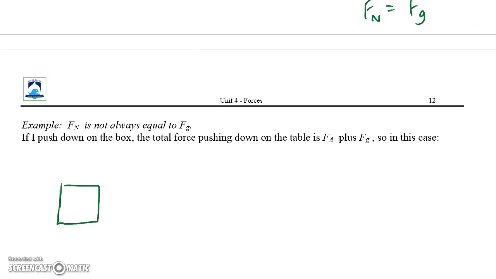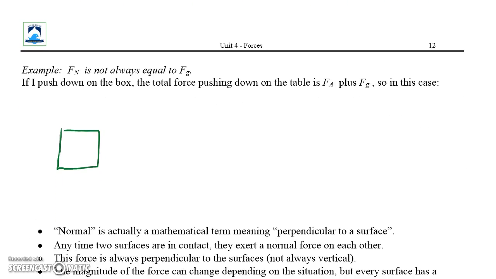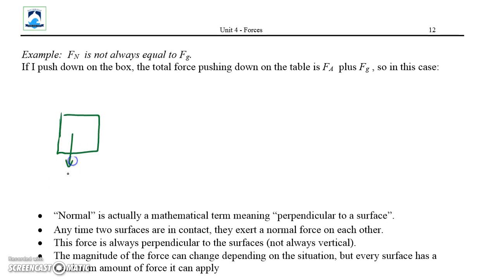And here's an example. If I push down on the exact same box, our free body diagram now includes the force of gravity, my force applied going down, and then the normal force has to get stronger because the box isn't going through the table, it's still there. So the F net is still 0 newtons, and it just changes because now we've got 3 forces instead of 2.